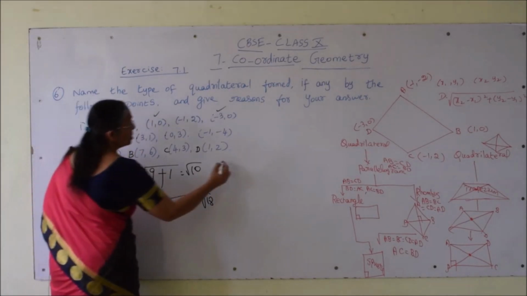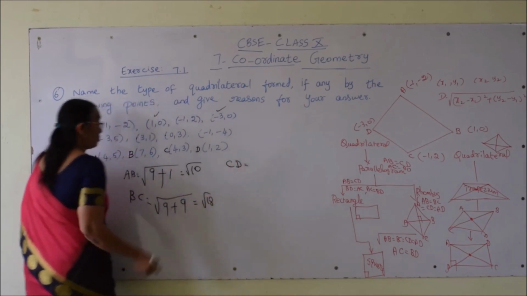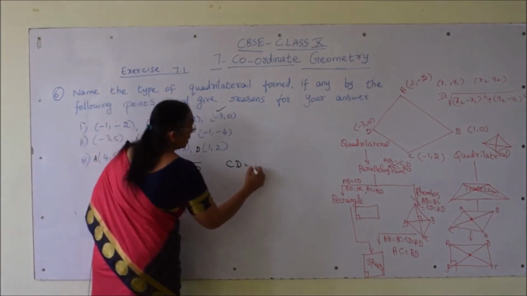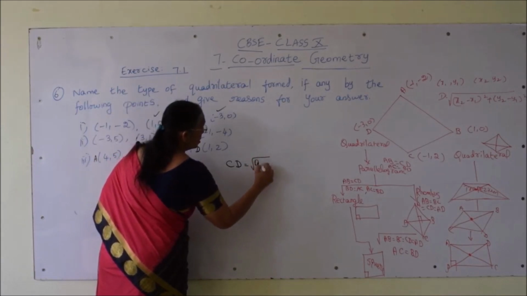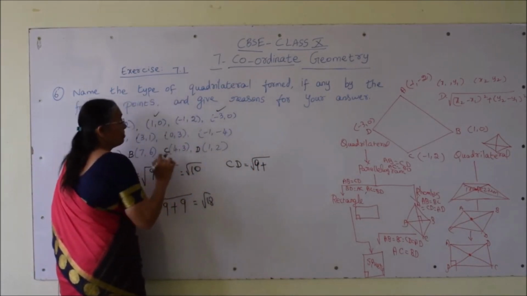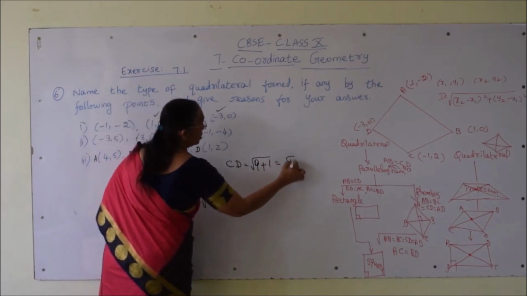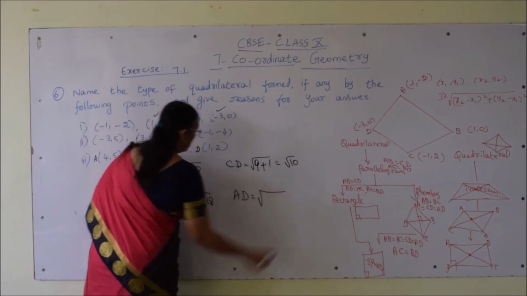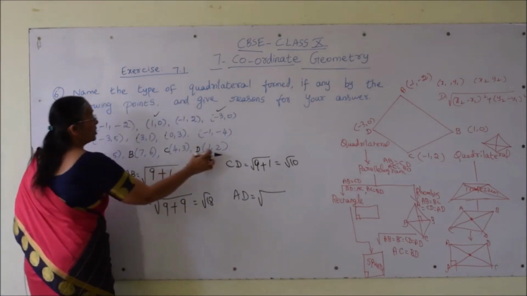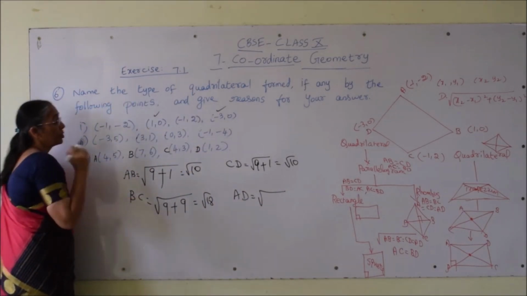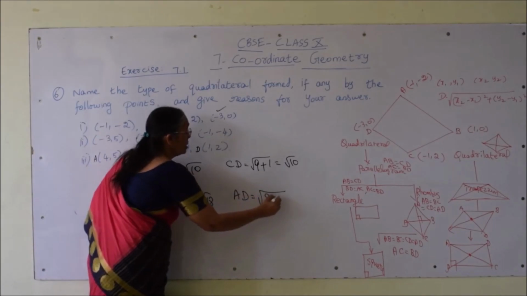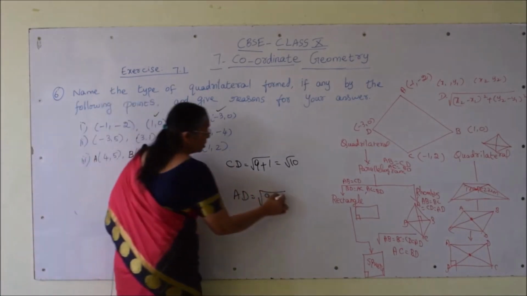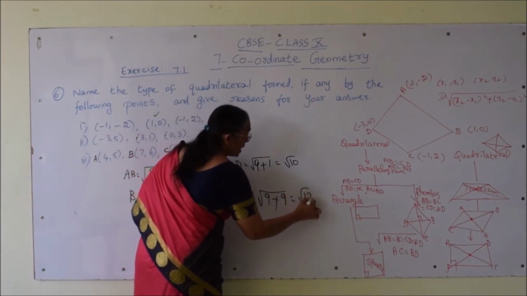Coming to distance CD, 1 minus 4, minus 3 whole square is 9, 2 minus 3, minus 1 whole square is 1, root 10. And AD distance is root over these 2 points: 1 minus 4, minus 3 whole square is 9, 2 minus 5, minus 3 whole square is plus 9, root 18.